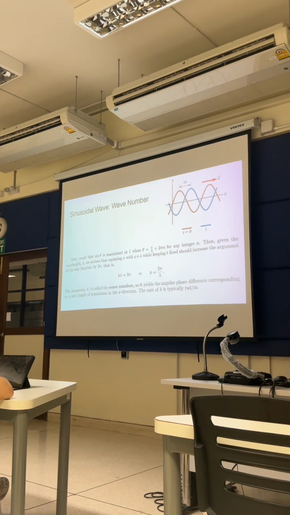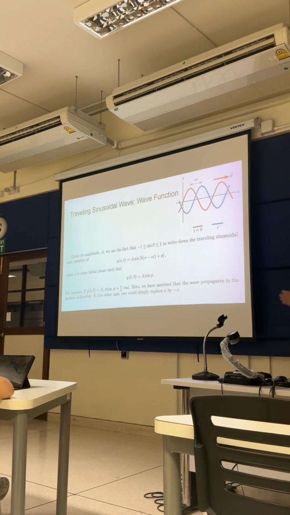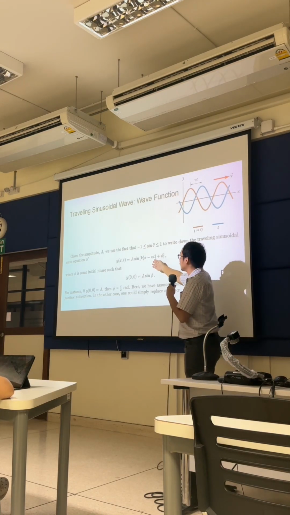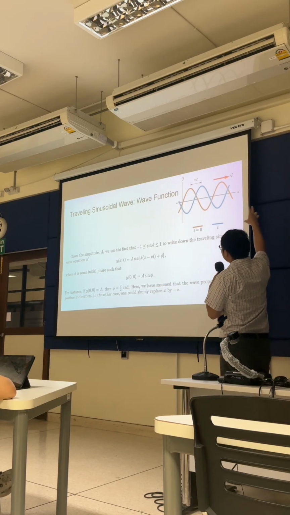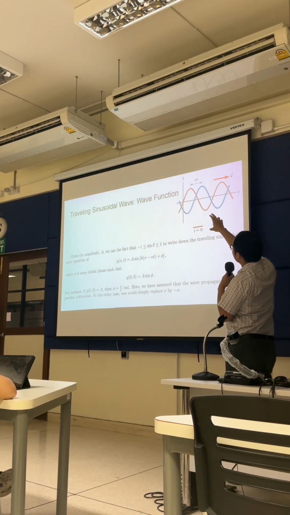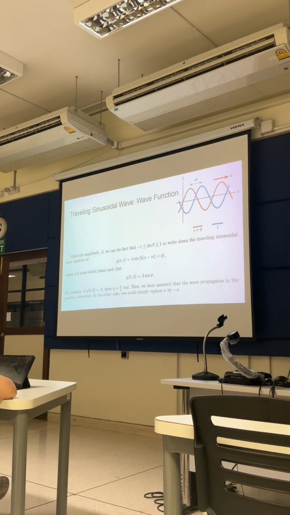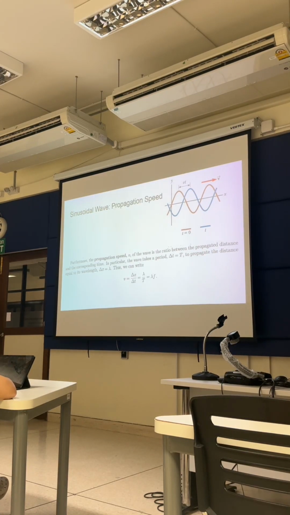We looked at it earlier: the propagation speed v appearing here fixes how the wave pattern travels over time, how it changes position over time.